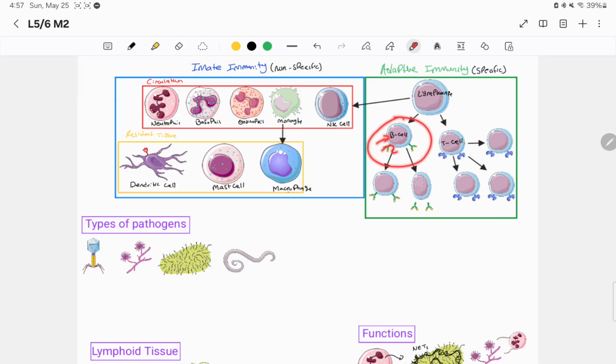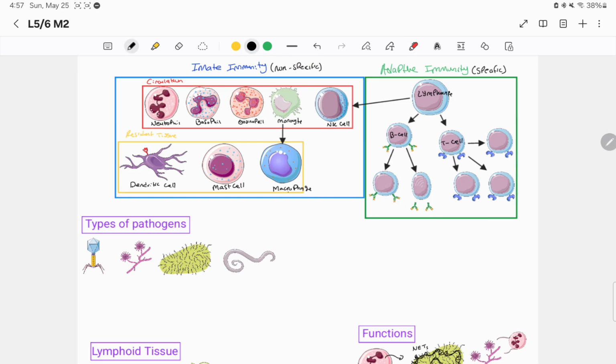They're born inside of the bone marrow and they mature there, and then they leave and go into the circulation. And then there's other ones that are born inside of the bone marrow, but they actually mature elsewhere. They mature in organs called the thymus, and that's exactly what happens to this T cell. T for thymus. We'll talk about this a little bit more later.